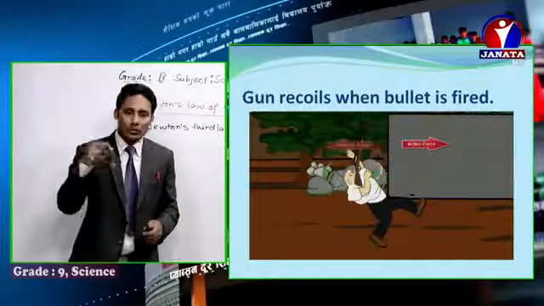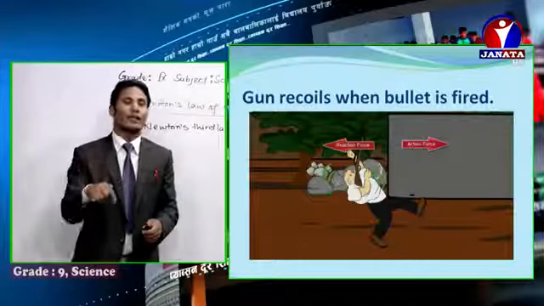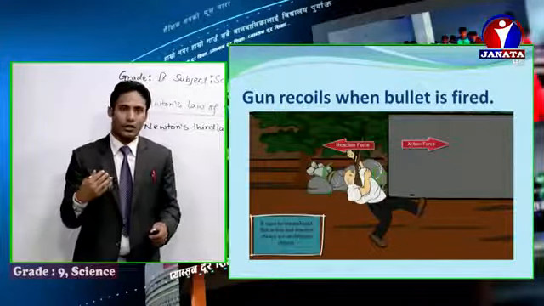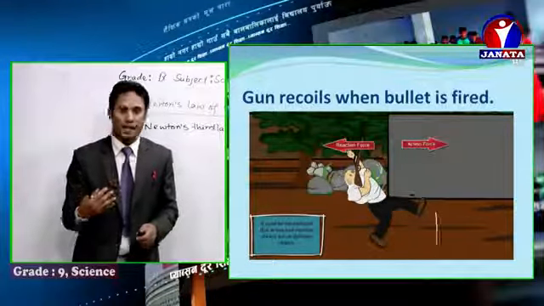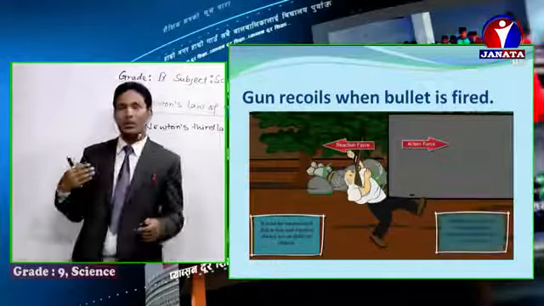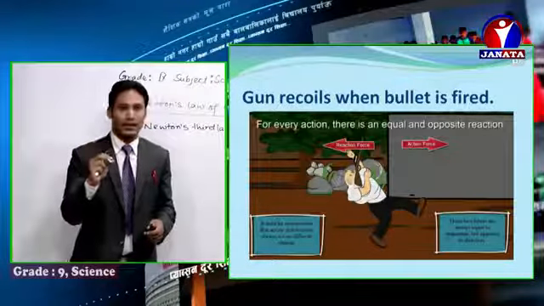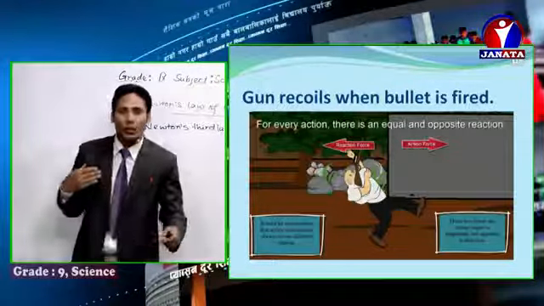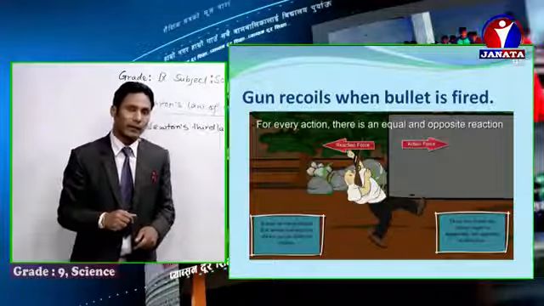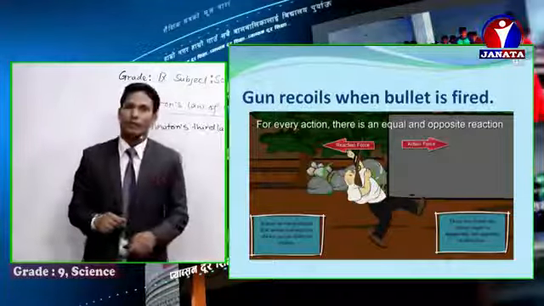At the same time, the bullet applies the same amount of force to the gun, which is the reaction. Due to this backward force, the gun recoils after being fired. This is also the third law of motion.